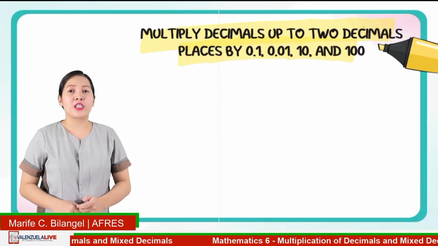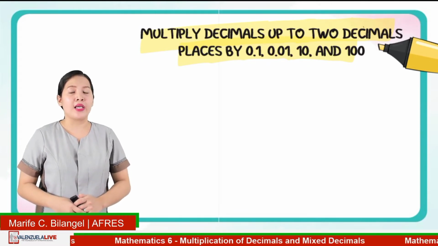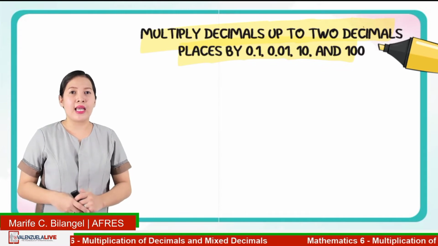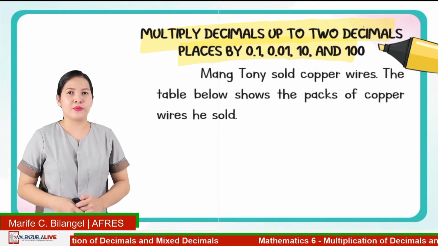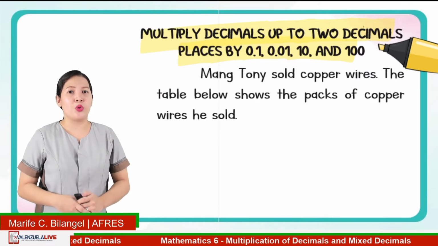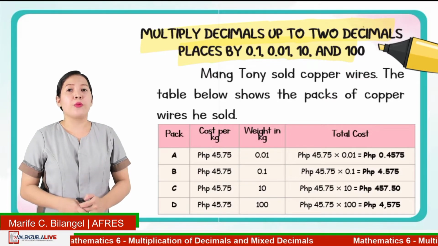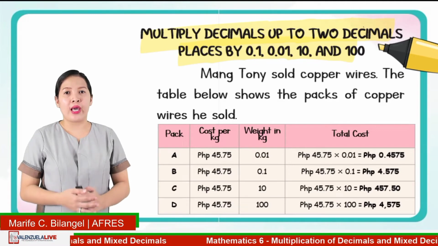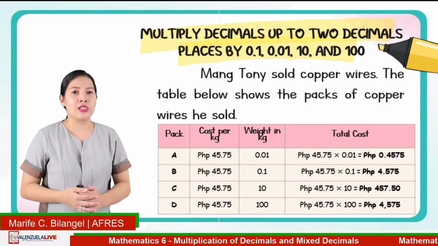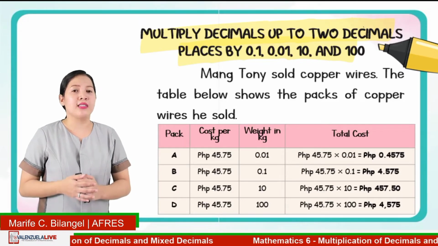Now, let us multiply decimals up to 2 decimal places by 1/10, 100, 10, and 100. Ma'am Tony sold copper wires. The table below shows the packs of copper wires sold. For pack A, which weighs 100 kilograms, it costs 4,575 10,000.